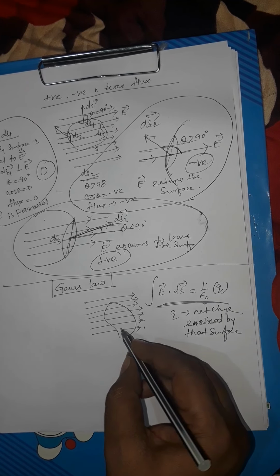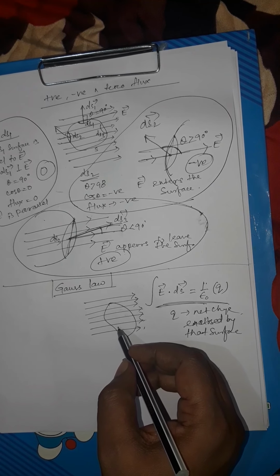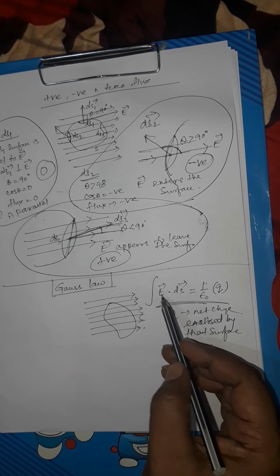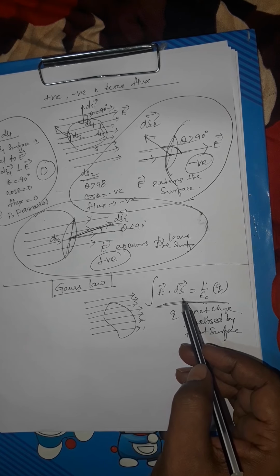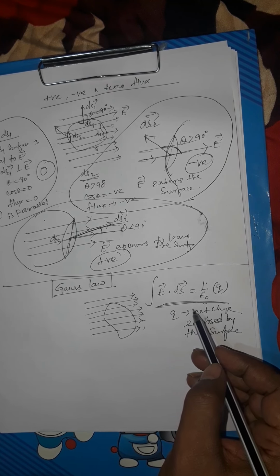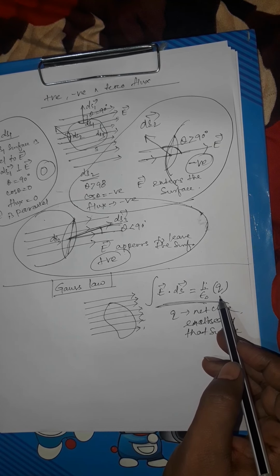So that we will study in the applications of Gauss law. Again I repeat this Gauss law statement, that the net outward electric flux through any closed surface in an electric field is equal to 1 by epsilon naught times the net charge enclosed by that surface.